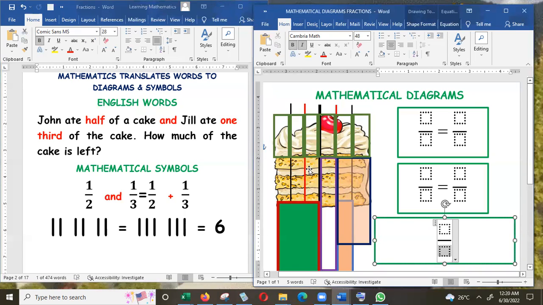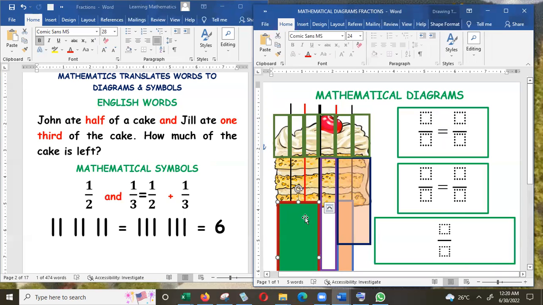Now, John ate a half, so a half would be 3 out of 6. Okay, 3 out of 6 would be a half. Because if you have 6 equal slices, half of that would be 3. And it would bring you right here. From here, this green rectangle with the red borderline shows you the quantity of a half, which is 1, 2, 3 out of 6.